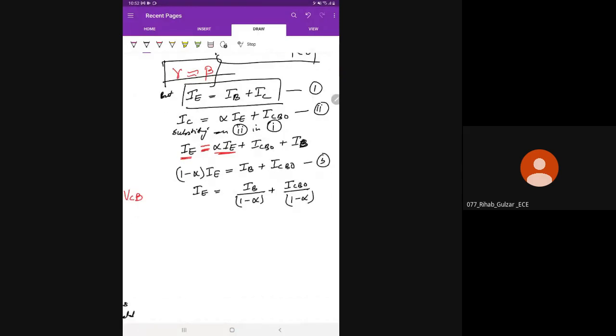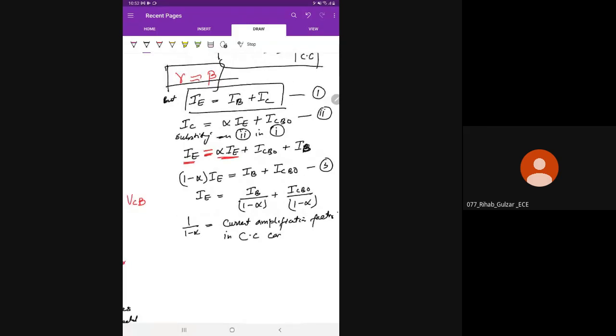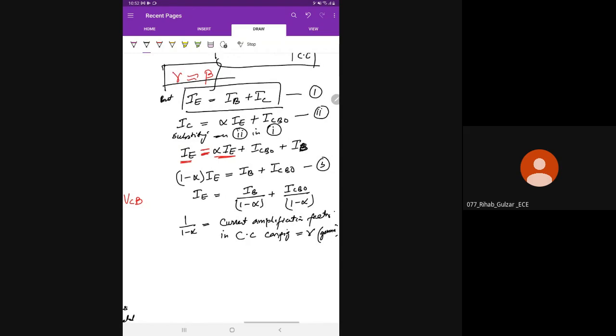Now 1 minus alpha is known as the current amplification factor in common collector configuration. 1 divided by 1 minus alpha is equal to gamma.